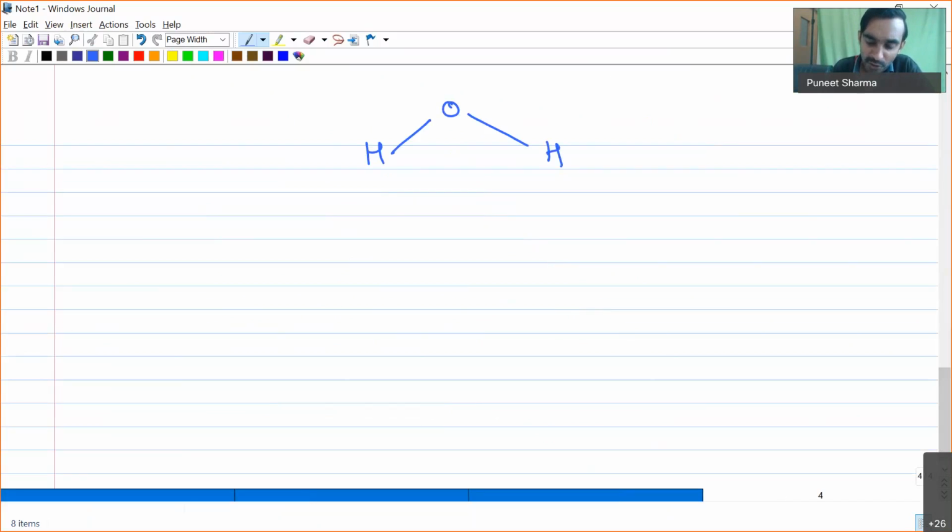So there is no formation of additional hydrogen bonds. Okay. However, when we shift to the ice structure, in case of ice, between the molecules, particularly between the hydrogen atoms, we will be having the formation of hydrogen bonds.